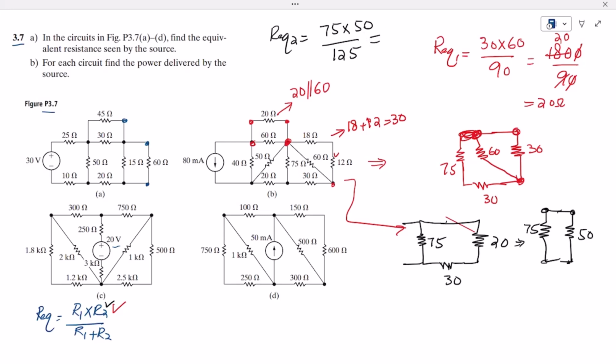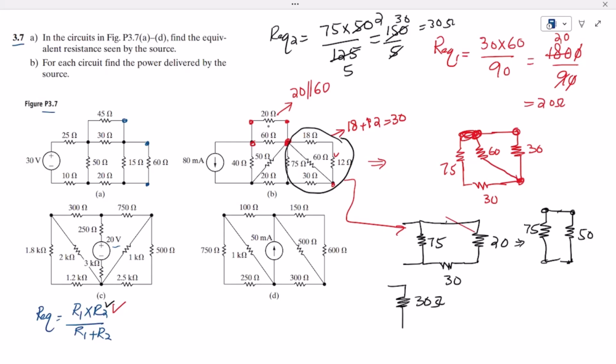So this will be 25, 5s 125, and that is 2, and 75 multiplied by 2 is 150 divided by 5, so 30, so it is now 30 ohm. So now the equivalent resistance here is this 30 ohm from all of this loop.